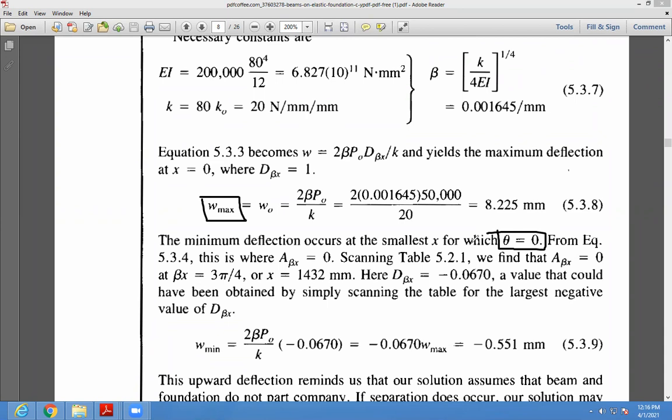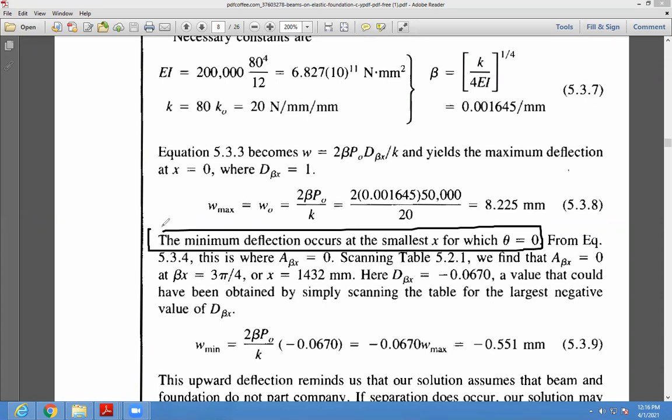Write down: minimum deflection occurs at the smallest value of x for which theta is equal to 0.